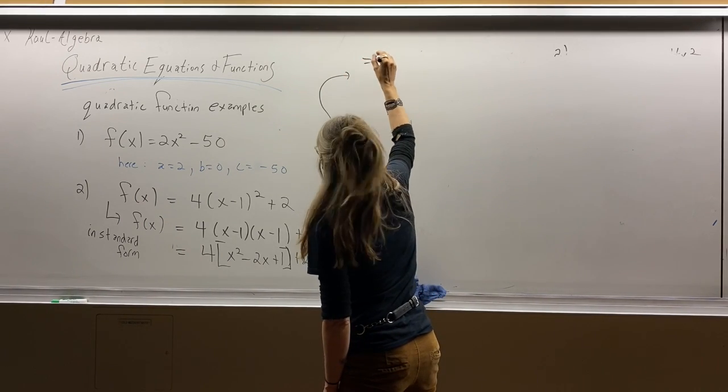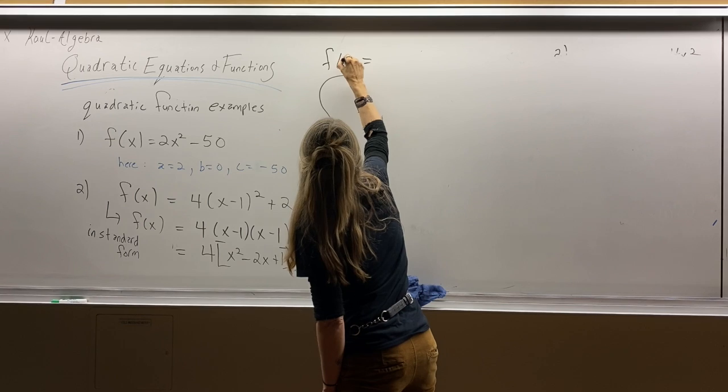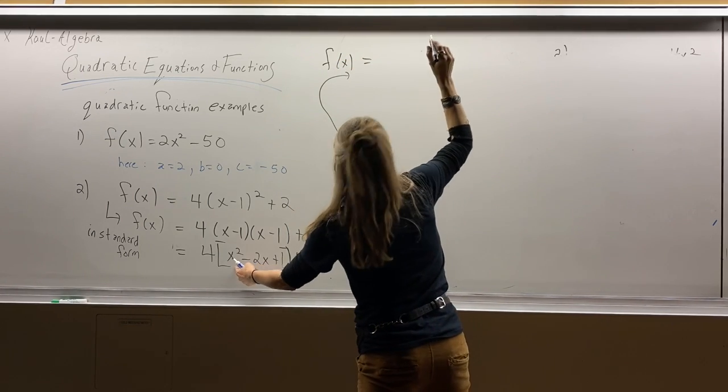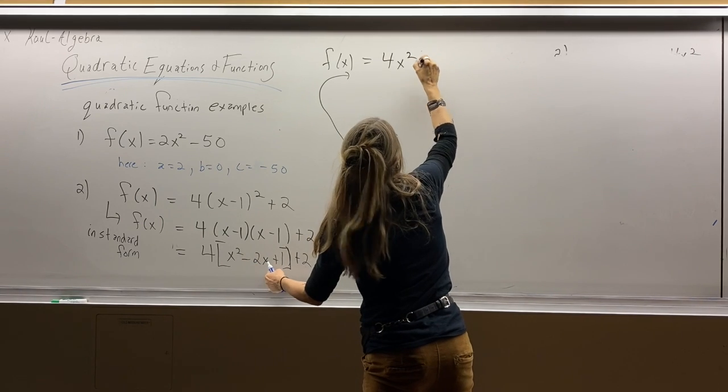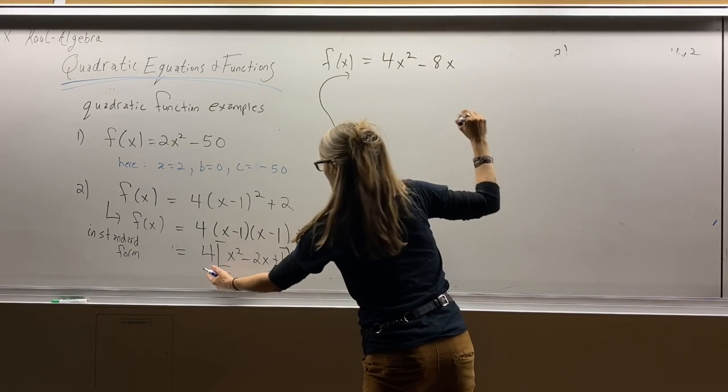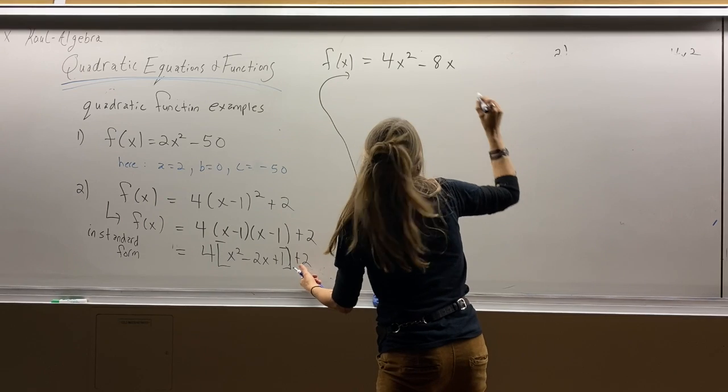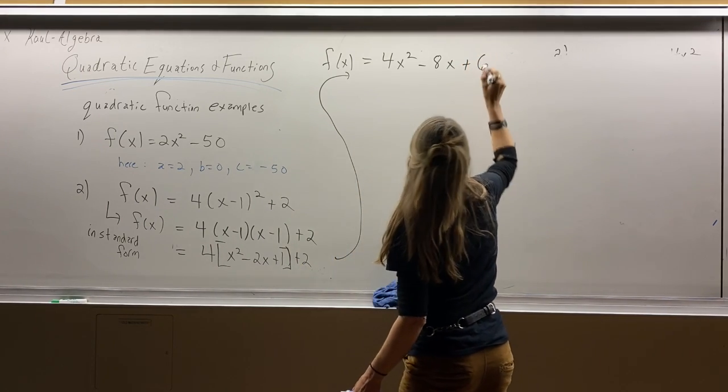We get f of x is going to be 4x squared minus 8x, and then I have plus 4 plus 2, which is plus 6.